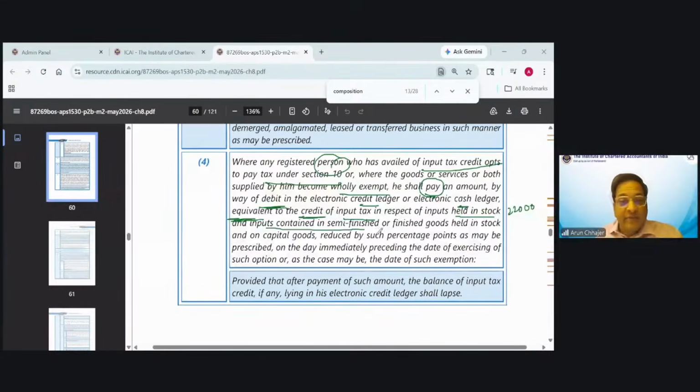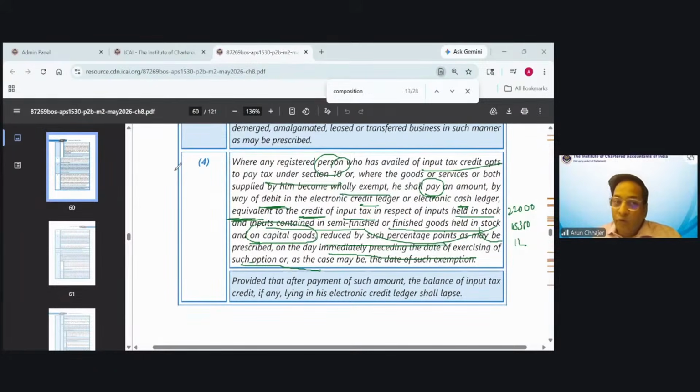Input contained in semi-finished goods, we have calculated 15,360. Or finished goods held in stock, we have calculated 1 lakh. And on capital goods, 2,88,000, reduced by such percentage points as may be prescribed on the day immediately preceding the date of exercising such option, as the case may be.